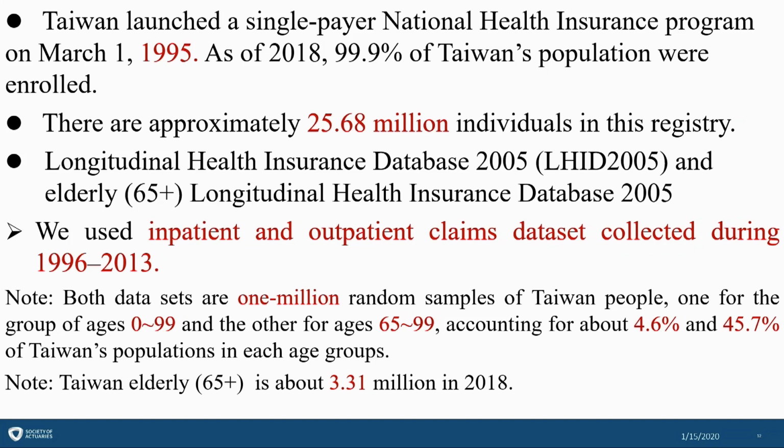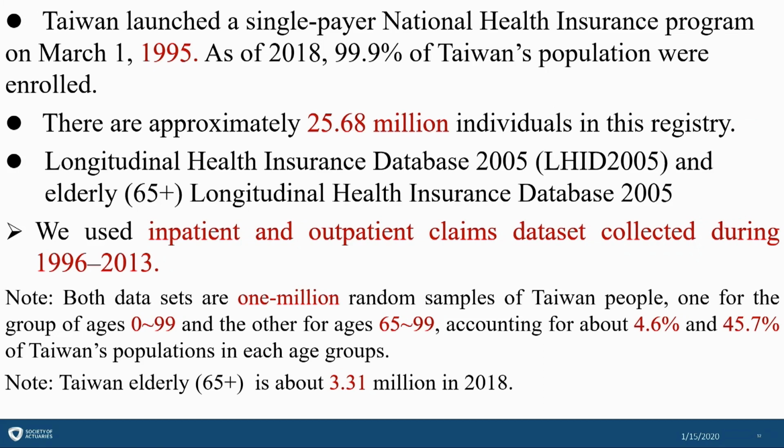We use two databases: the Longitudinal Health Insurance Database 2005 and the Longitudinal Health Insurance Database 25 for the elderly. We use inpatient and outpatient claim data sets collected during 1996 to 2013.